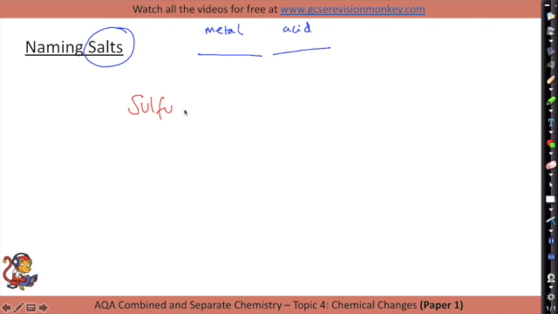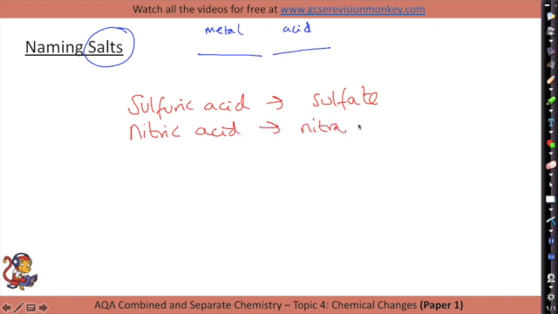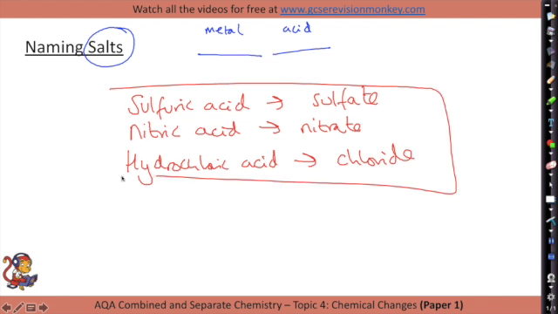Sulfuric acid makes a sulfate salt. Nitric acid makes a nitrate salt. And hydrochloric acid makes a chloride salt. Okay, so those three we really need to remember because then we'll be able to name all of the salts in this exam.